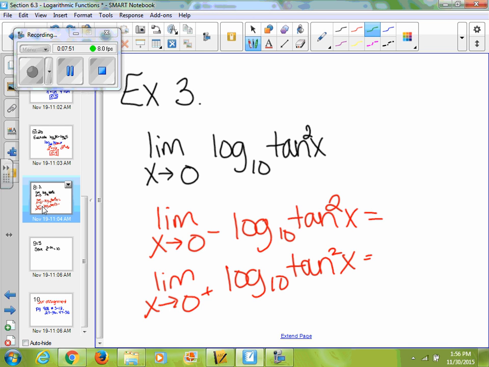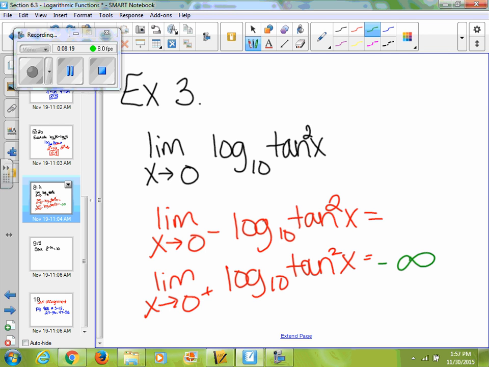Let's start with the limit as x approaches 0 from the negative. What did I tell you about that limit? From the positive side of 0, it's equal to negative infinity. Okay, what did I tell you that it's equal to from the negative side of 0?